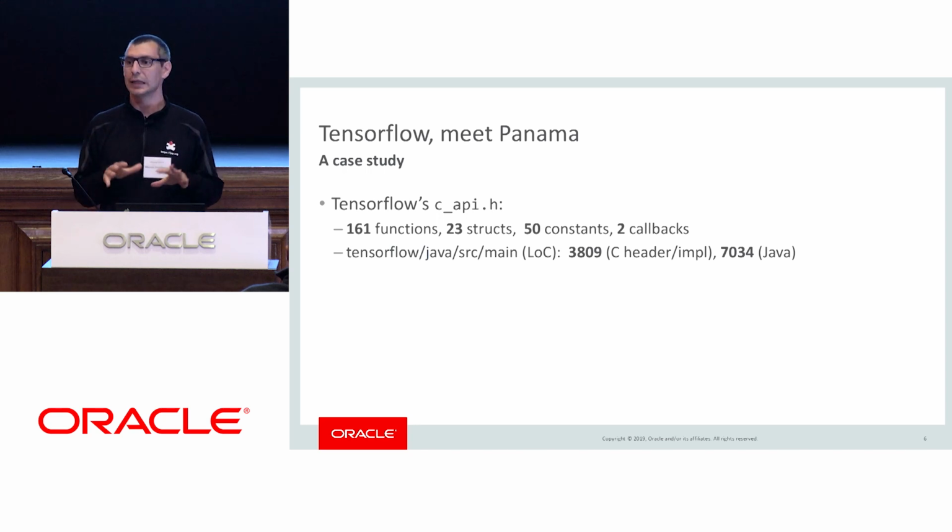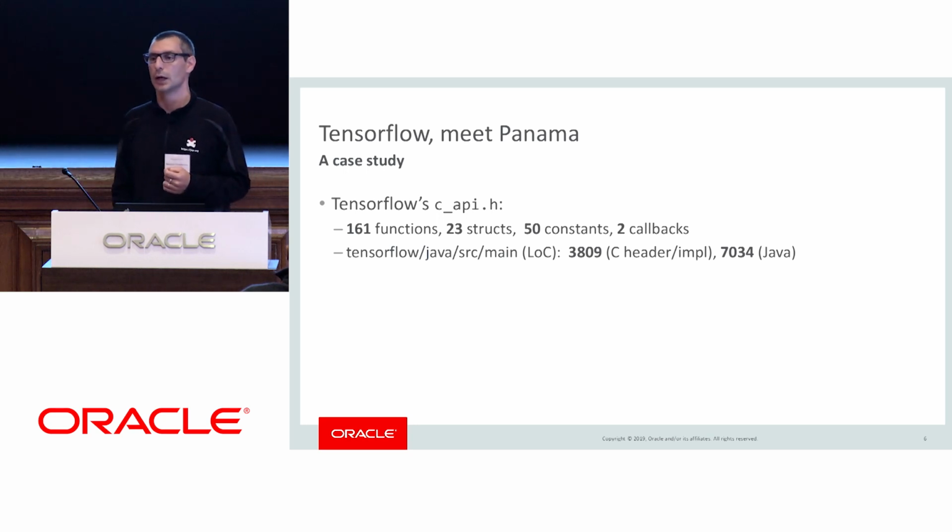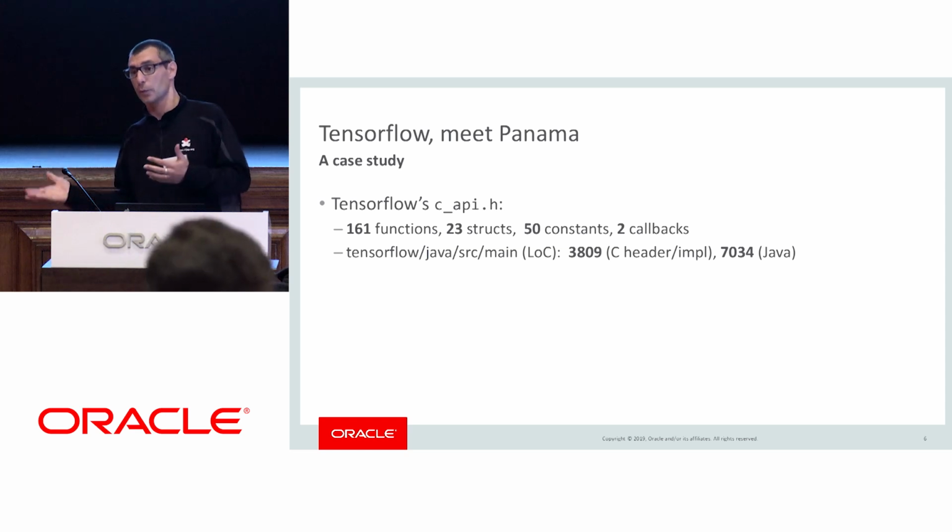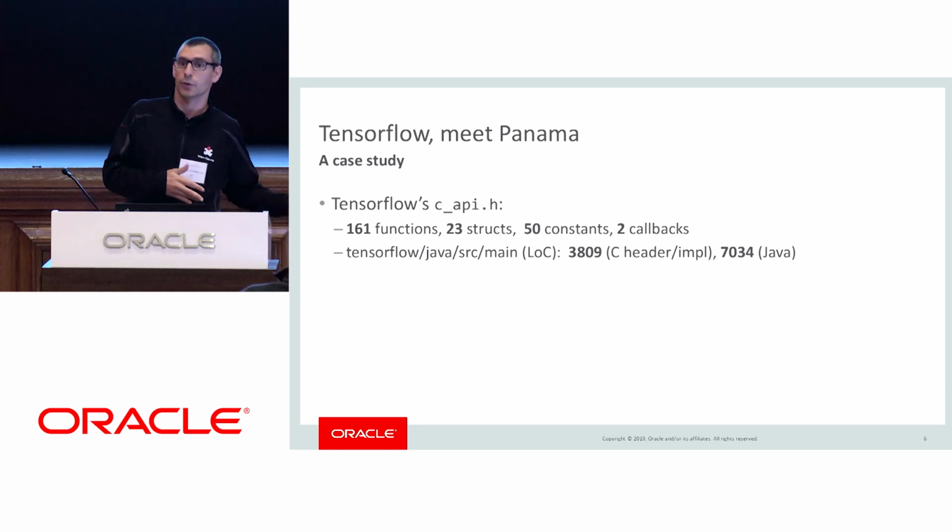So this is all native code that you have to write in order to be able to actually even use the TensorFlow library in the first place. So this is all native glue code that you have to write. And then there are also some 7,000 lines of Java code. Some of that may be related to JNI methods, some of those may not. You can imagine how much engineering effort has been put into writing this code.